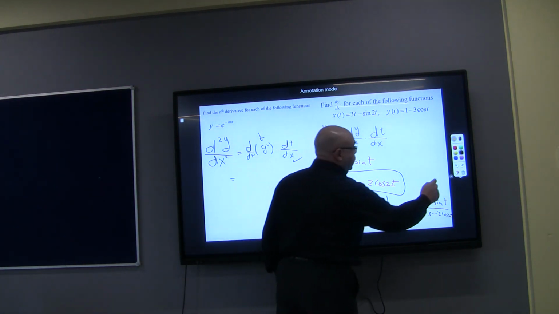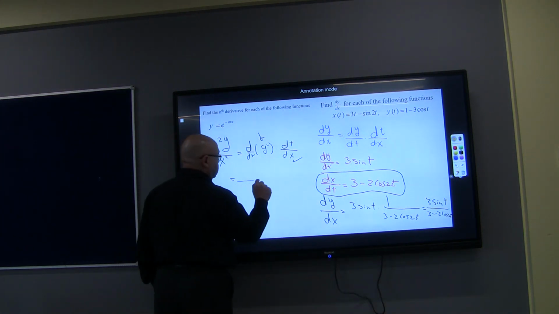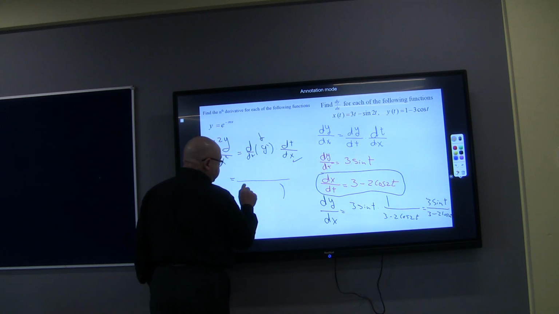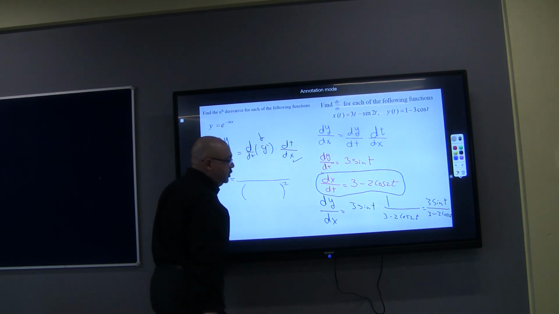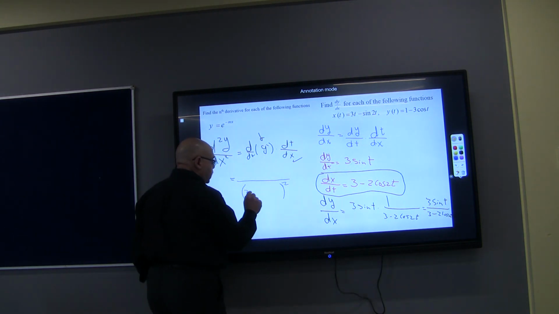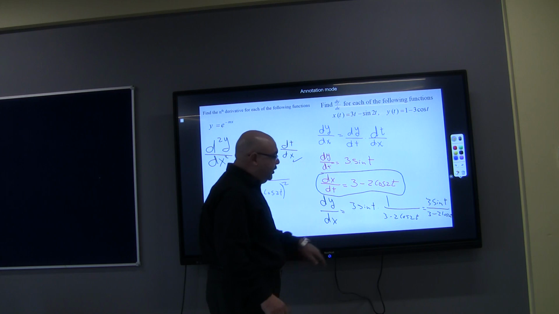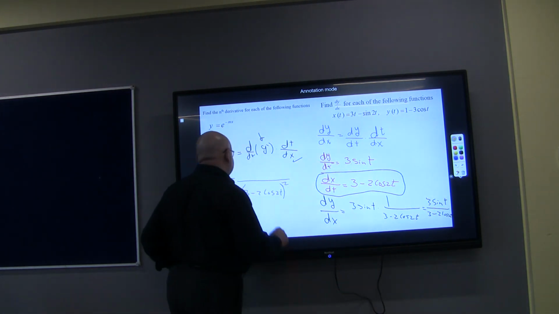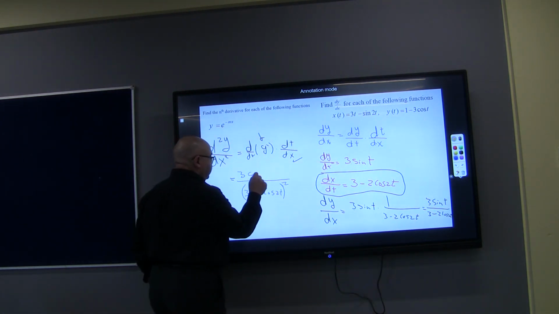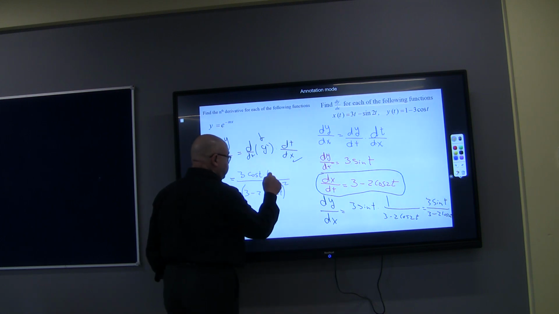Let's take the derivative of this function. The denominator is going to be to the power of 2, which is 3 minus 2 cosine 2t. Getting the derivative of the numerator, which is going to be 3 cosine t times your denominator, 3 minus 2 cosine 2t.